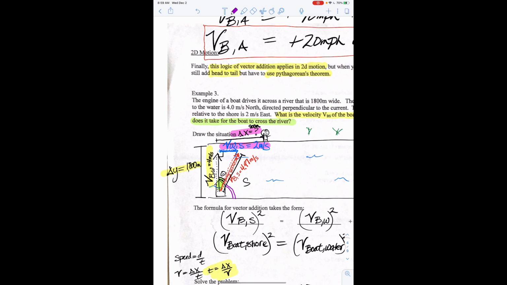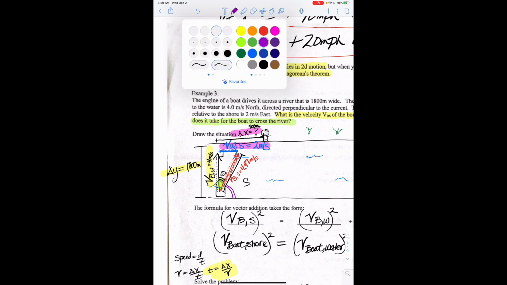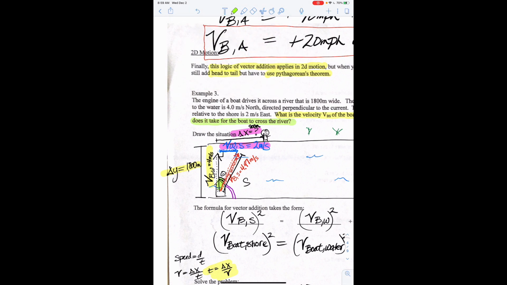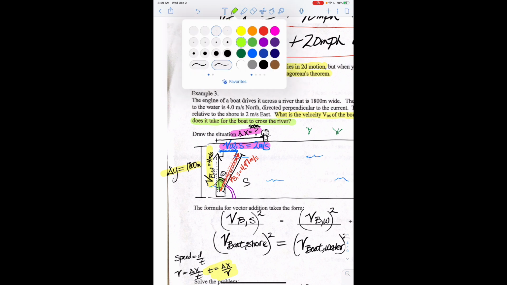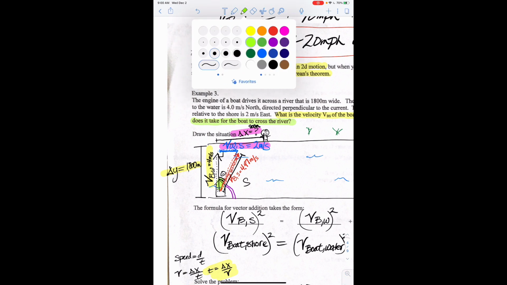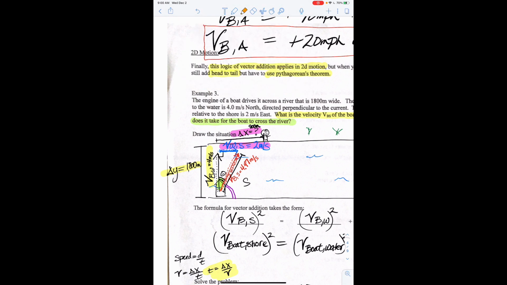Or they could ask for this green angle and say, what is the angle to a line straight across? Here is a line straight across, a perpendicular line. Let me see if I can get a color. I'm having a hard time choosing a color. Let's go with orange. Here's a line straight across. What is the angle relative to that the boat takes? So that would be that green angle.